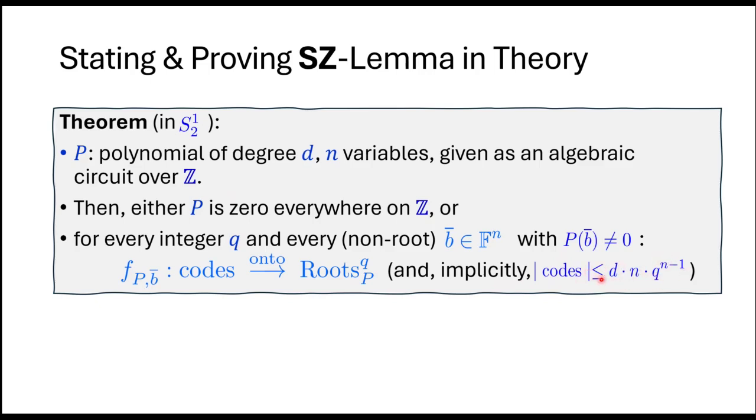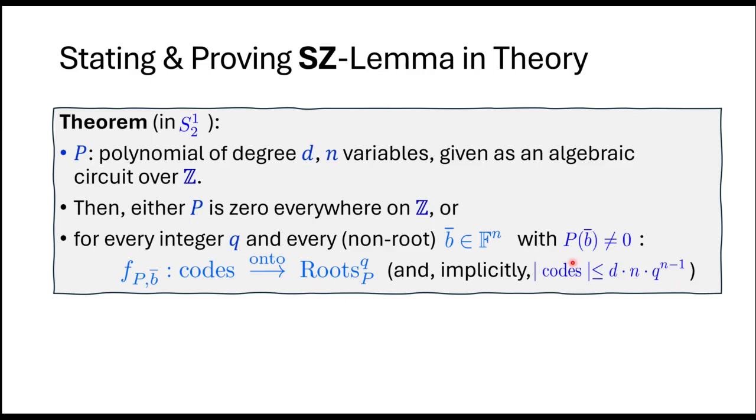In S12 you cannot really estimate sizes of sets like this, so that's why it's implicit. It's just going to be this function. When we add the existence of this function, we can prove that it is onto, but it is not clear how to express this inequality in S12.